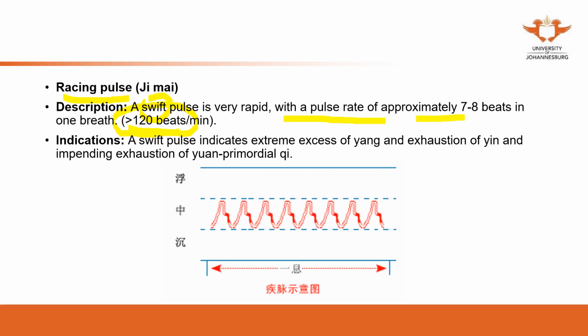This indicates extreme excess yang or extreme excess heat. Exhaustion of yin, this erosion of yin will result in deficiency heat. So that's also heat, but this heat is much worse than the rapid pulse. That's why it says extreme excess or extreme deficiency.